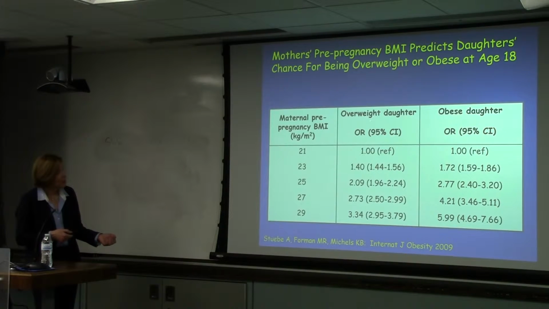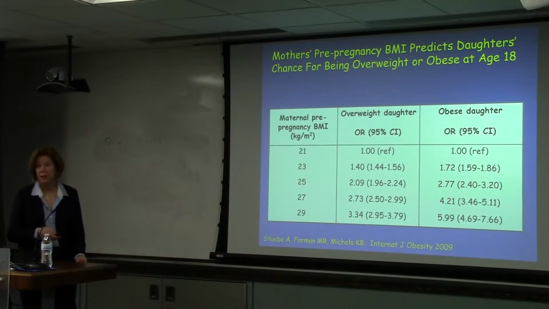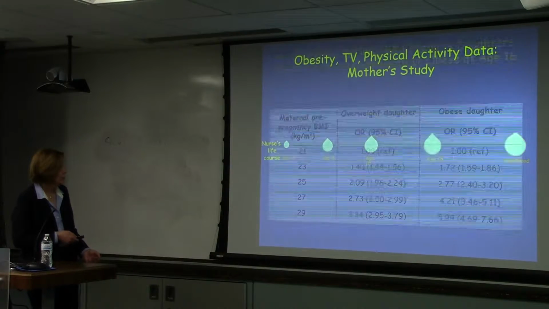And then the odds of the daughter being overweight or obese at age 18. And what you can clearly see from the odds ratios is that there's an increasing risk of being overweight or obese with increasing pre-pregnancy BMI of the mother. So the signal is incredibly strong for the mothers who had a pre-pregnancy BMI of 29 and have a 3-fold or almost a 6-fold increased odds of their daughters being in those categories by age 18.